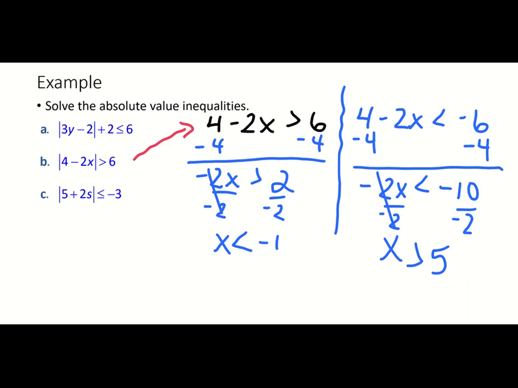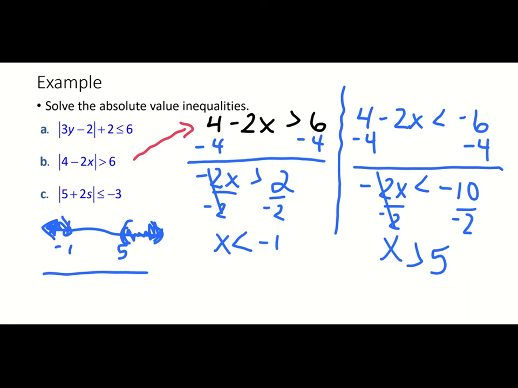And when I go to graph this, if I were to put it on a number line, here's my negative 1, here's my 5. Remember, it is x is less than negative 1, so it would include everything to the left of negative 1, or x is greater than 5, so everything to the right of 5. When I go to put that in interval notation, you kind of write it like it looks on the number line.